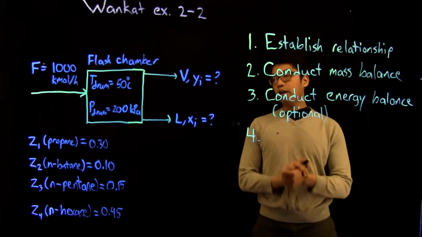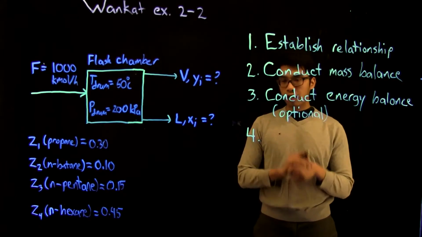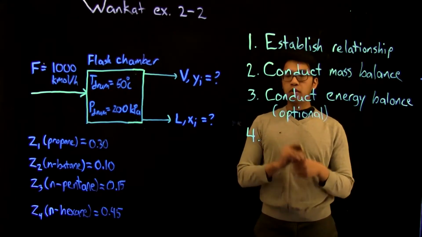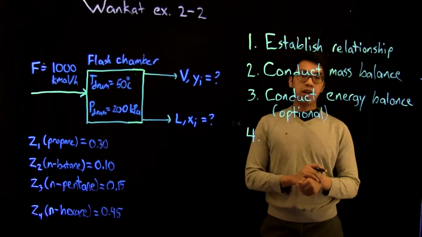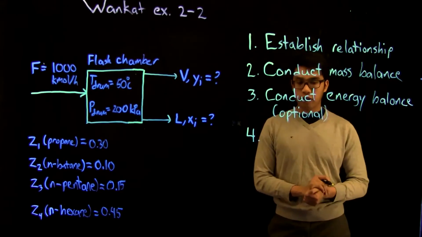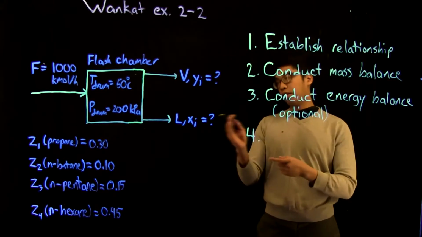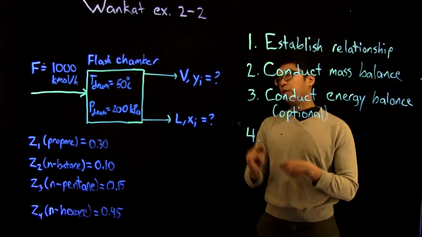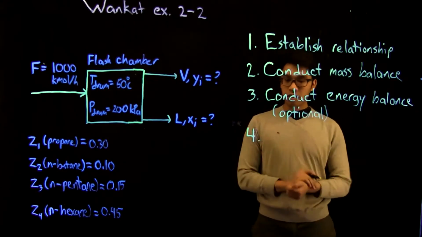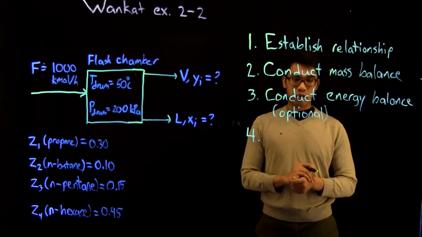The fourth and final step is to determine the number of stages in your system through your mass balance calculations and, if needed, your energy balance calculations. Now, in this specific case, there's only one stage because we only have a single flash tank, but this is useful to keep in mind for future problems.